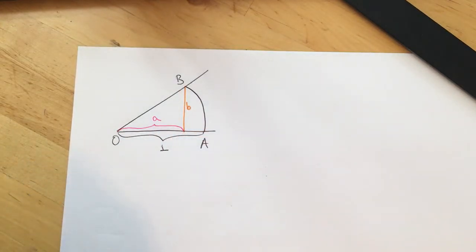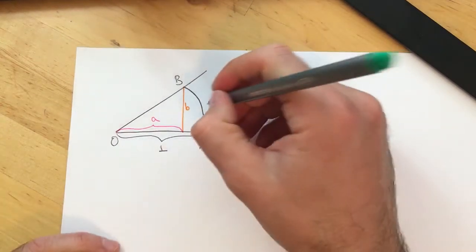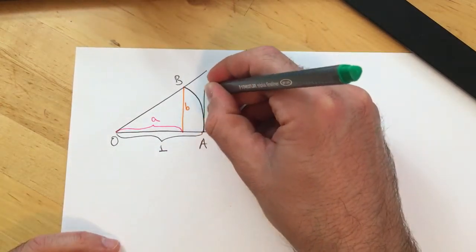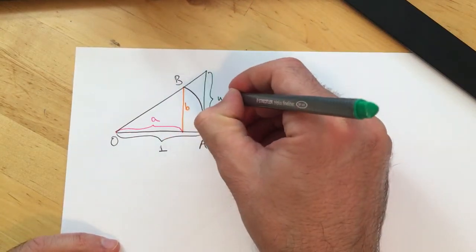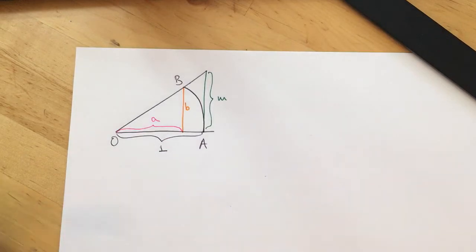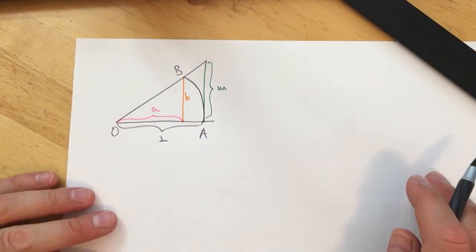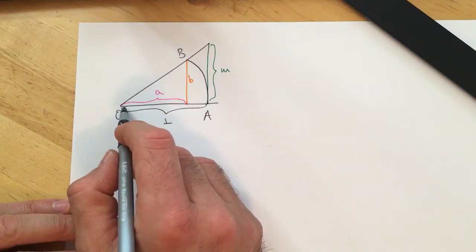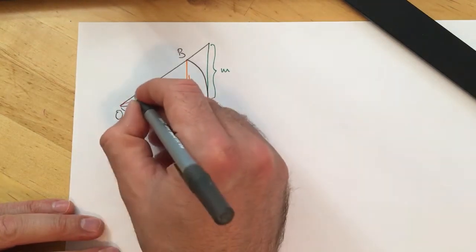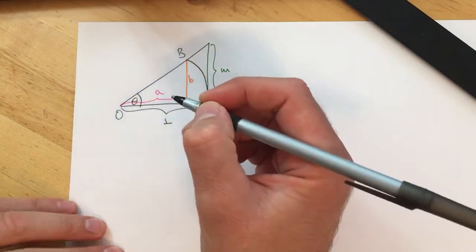Then we created one more triangle, and this side here was M. So first of all, how much are A and B with respect to the angle theta?